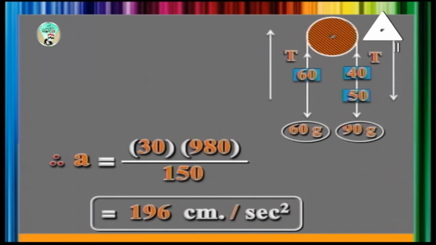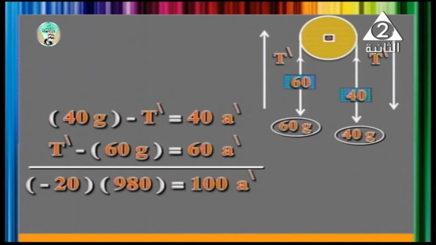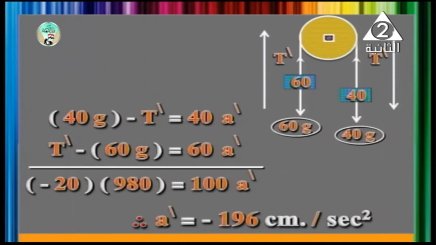My dear student, when the body is separated, the motion is 40 gram minus T dash equals 40 a dash, and T dash minus 60 gram equals 60 a dash. Also by using addition to find the acceleration after separation, a dash equals negative 196 centimeter per second square.